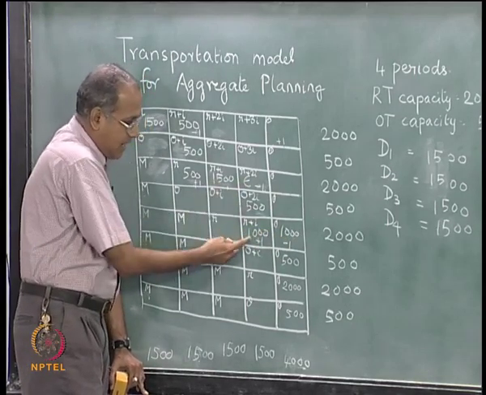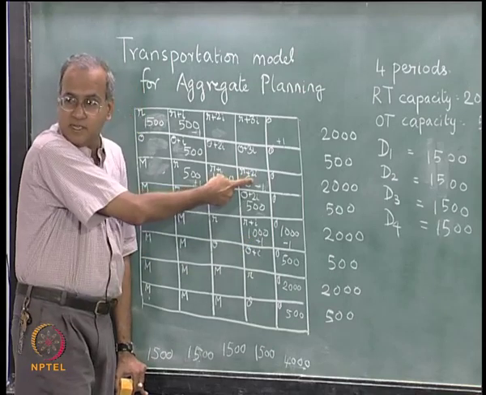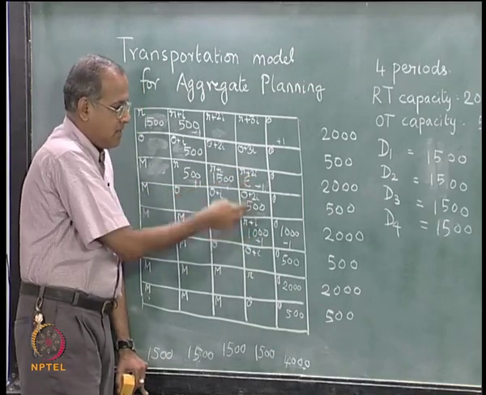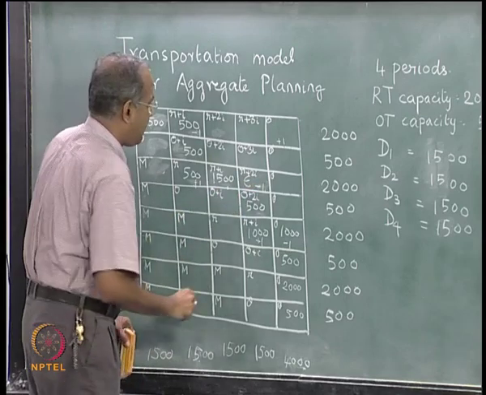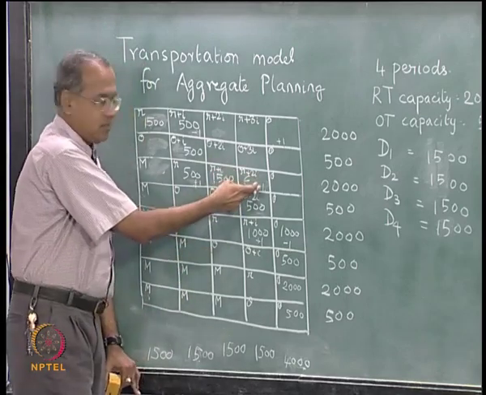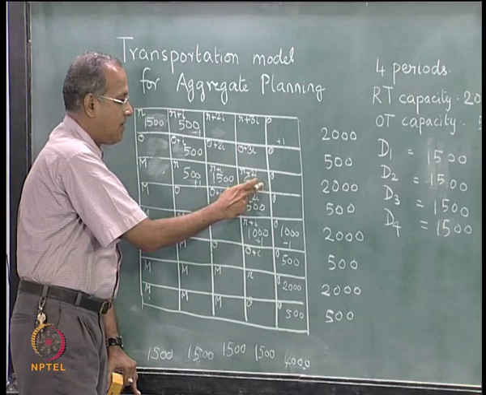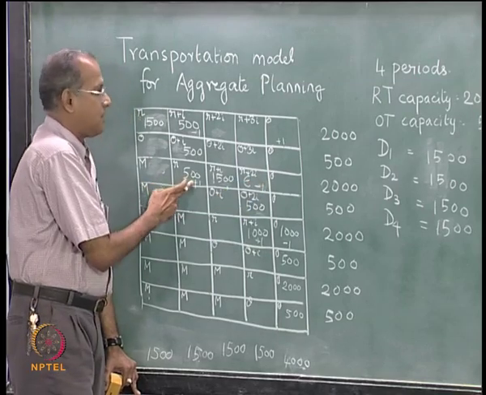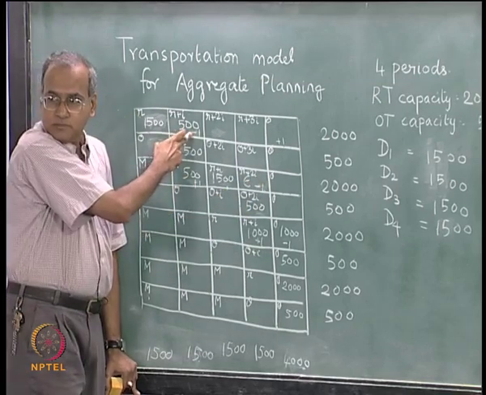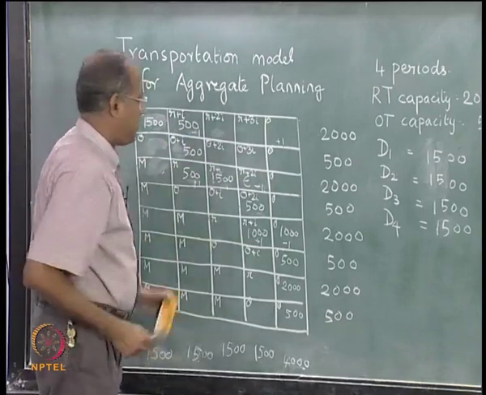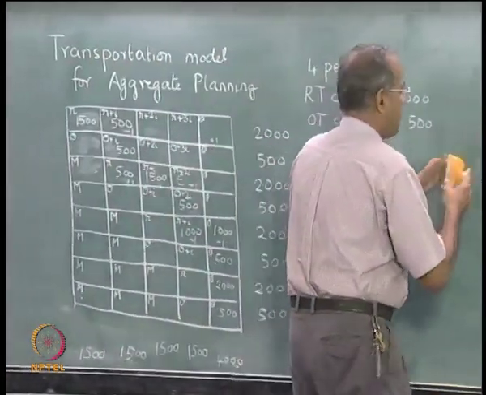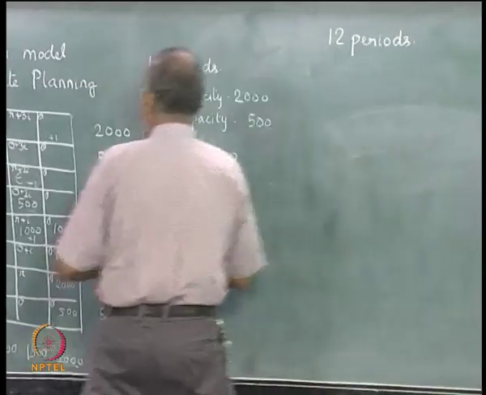Then I am not able to move because of degeneracy. So, I add an epsilon here. To balance it I would put a minus 1 in this epsilon, then a plus 1, and then a minus 1.